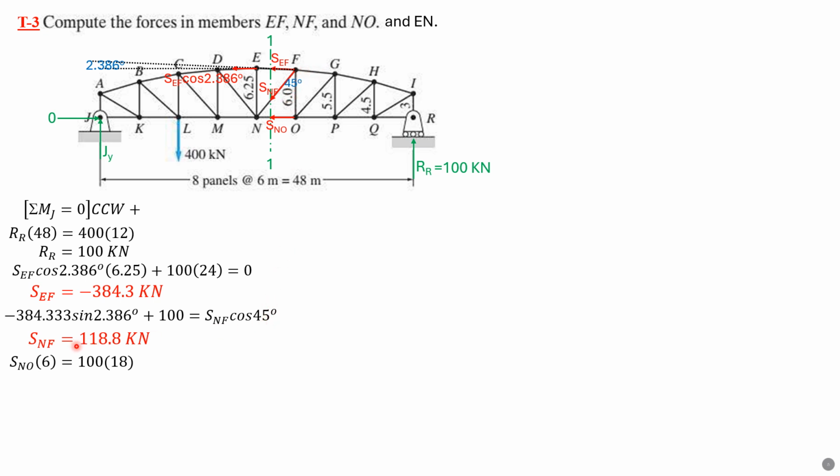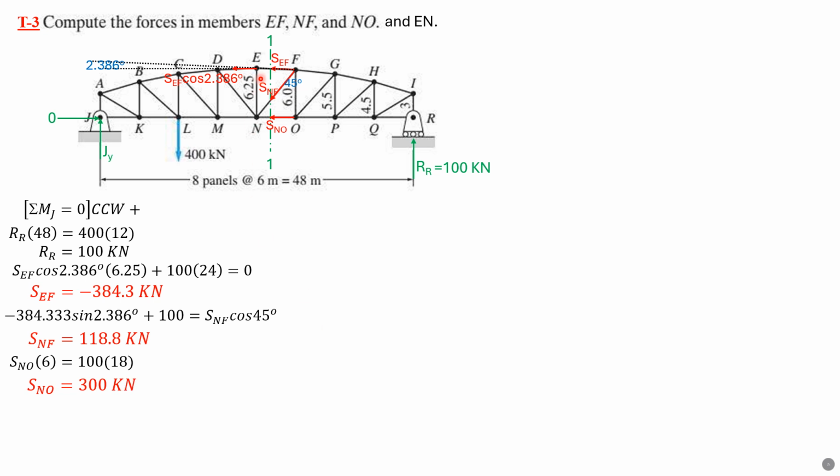That's why we get 118.8 kilonewtons positive, so it is understood as tension. Then finally, summation of moments about F equals 0, clockwise positive. SNO times 6 equals 100 times 18. So SNO equals 300 kilonewtons.